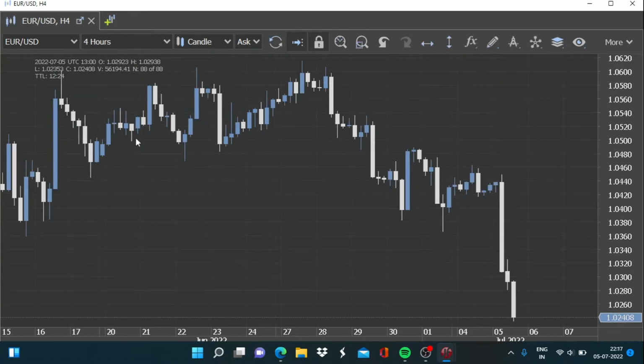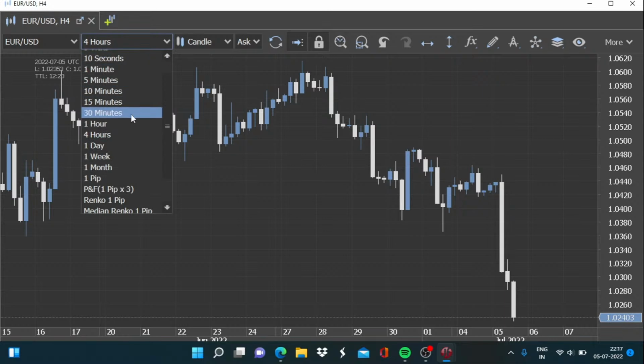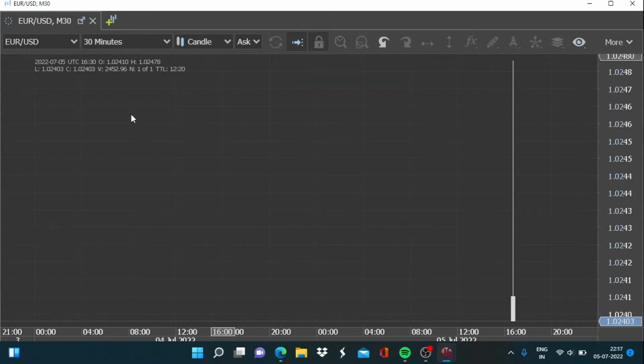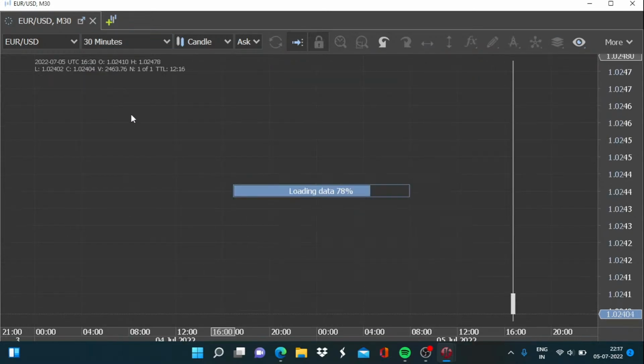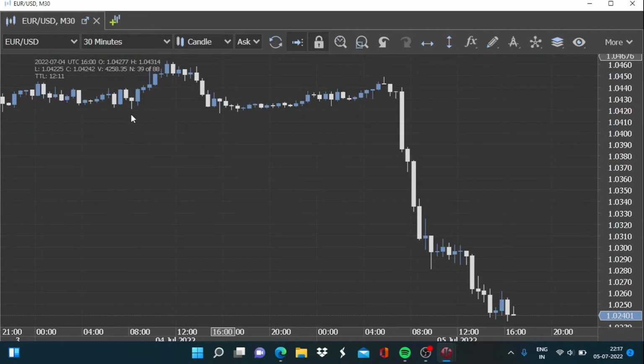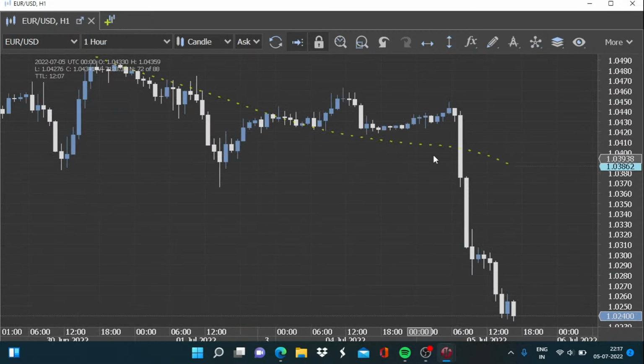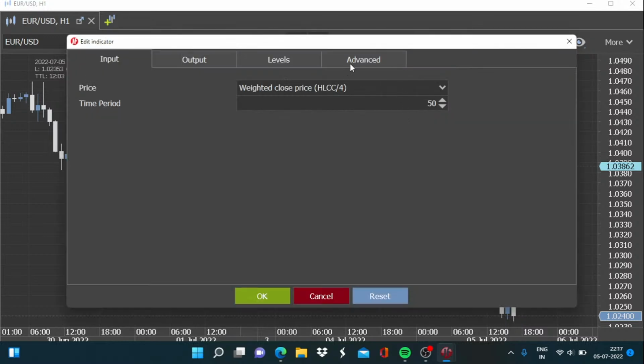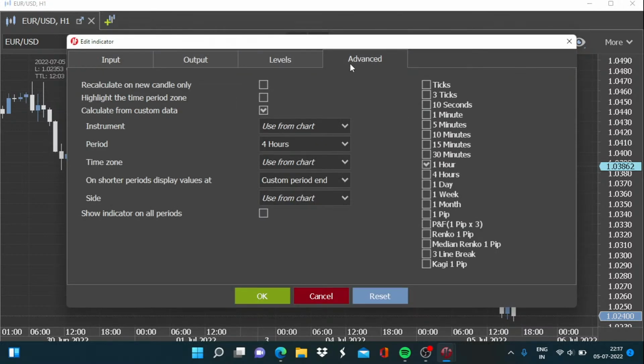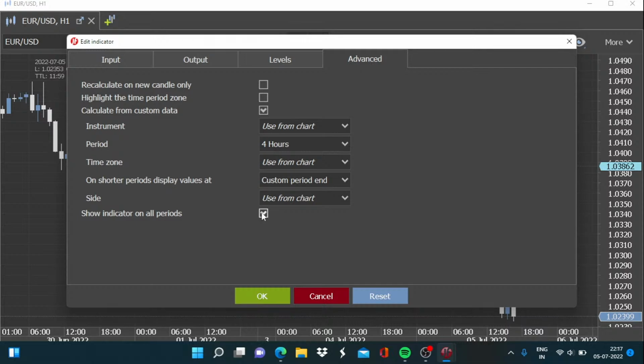Suppose I change it to half an hour, then also no indicator will be plotted, as we have opted for the HMA to be shown only on the hourly time frame. So all these options make the job of finding opportunities quite easier and at the same time equally fun.